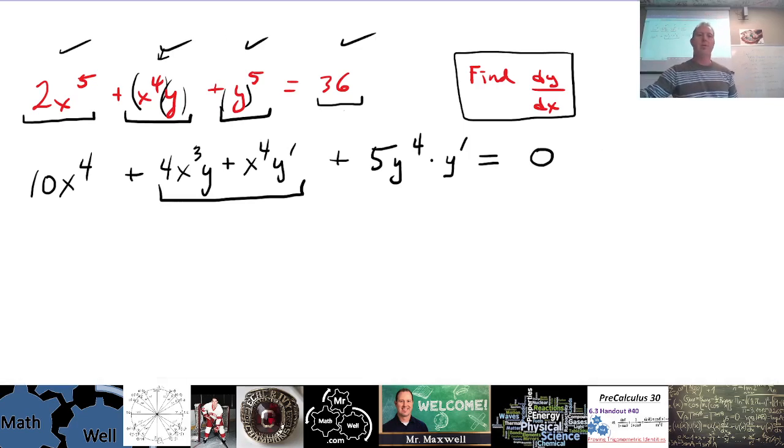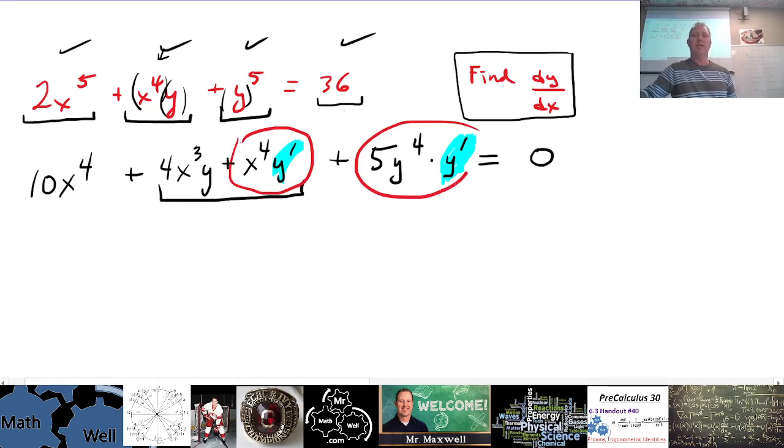All right, so now the second part here, the easy part, is solving for y prime. It's in two different spots, so I have to get the terms that contain the y prime, like this one and this one, on the same side of the equation. I have to get everything else on the other side, because I'm trying to isolate y prime.